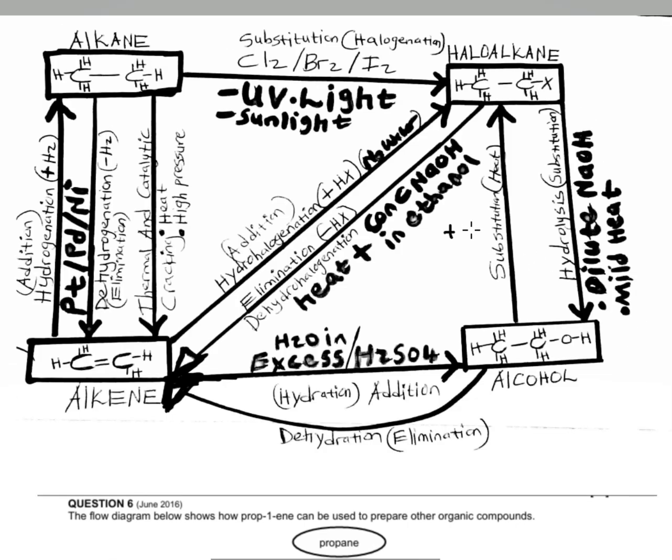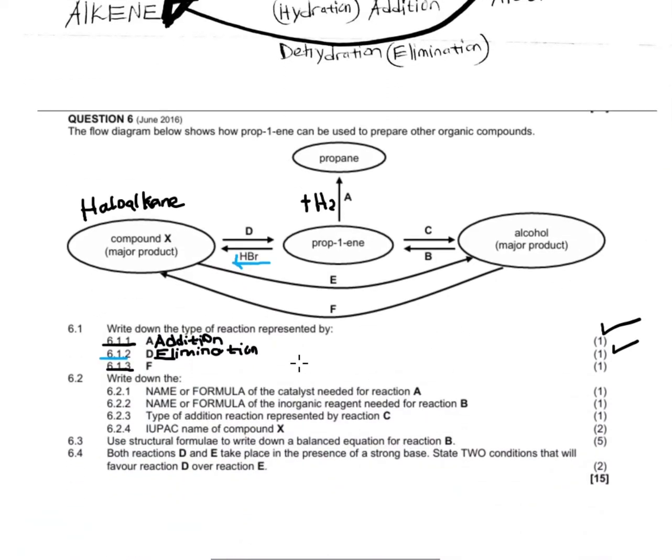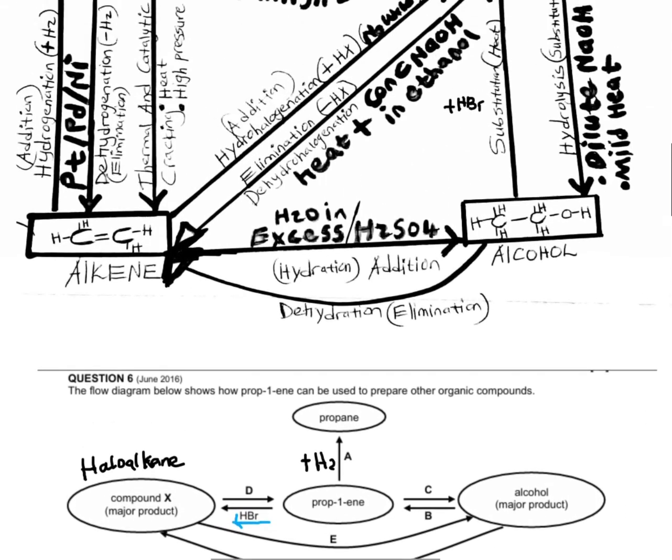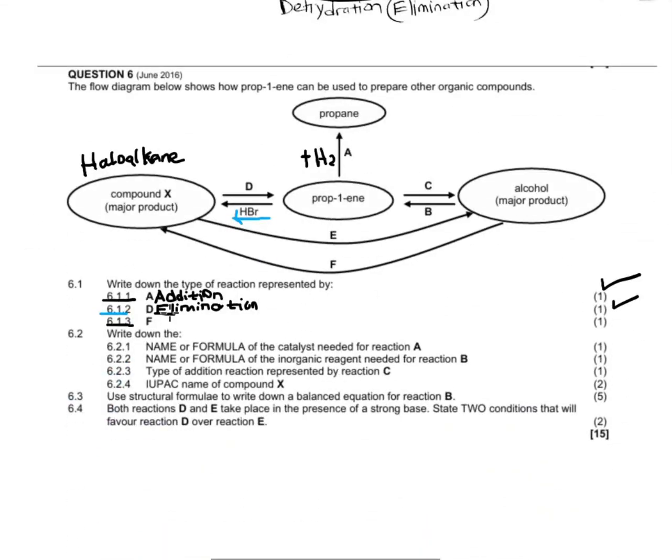So we are adding the HBr, the hydrogen and the bromine, to produce a haloalkane. Can you see that, guys? So that's what is happening there at F. But what type of reaction is that? We know it's going to be substitution, and you will get your mark there.